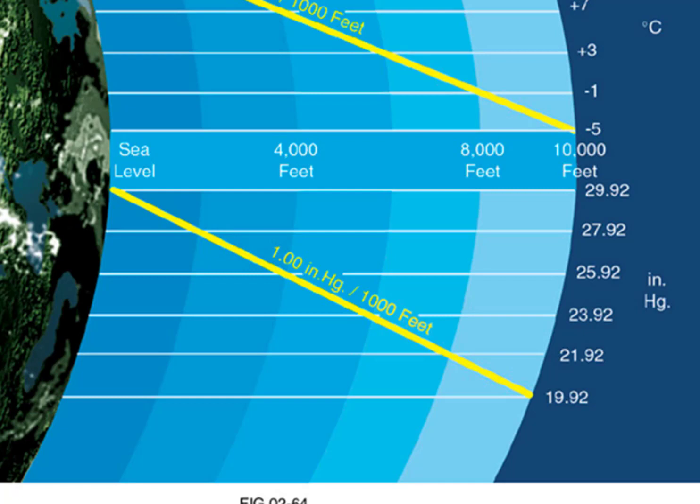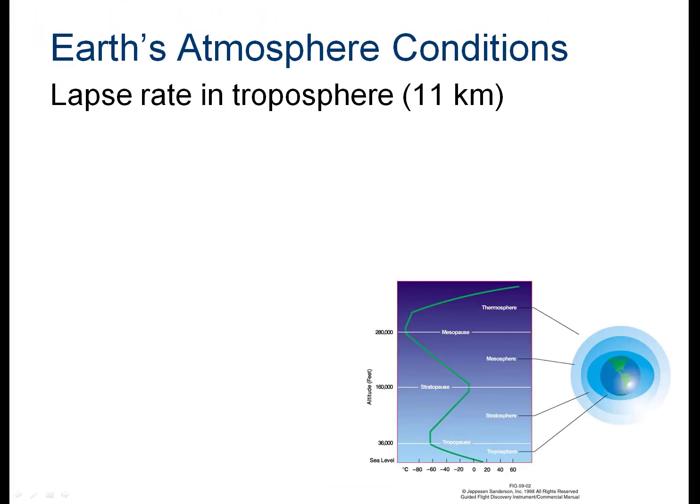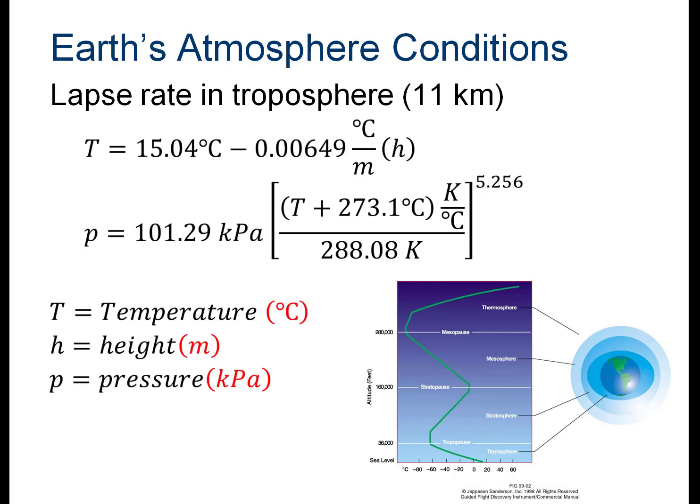So that idea, both temperature goes down as I go up and pressure goes down as I go up, is important. Because in the Earth's atmospheric model, within the troposphere, we can now build a mathematical relationship that's very straightforward. And that mathematical relationship has 2 components. The first one says that the temperature in degrees centigrade goes down.